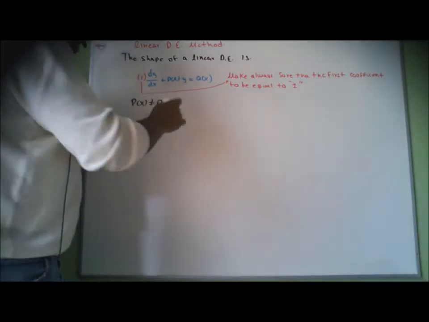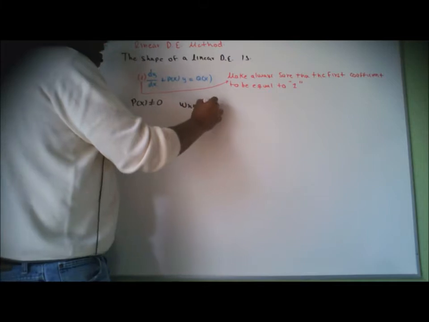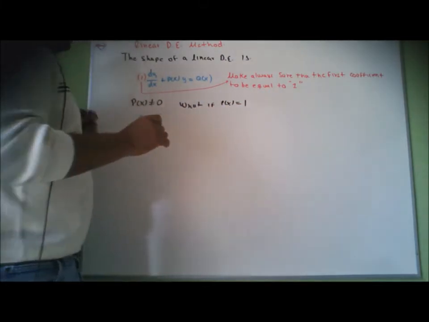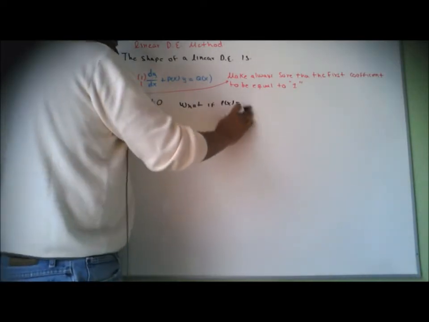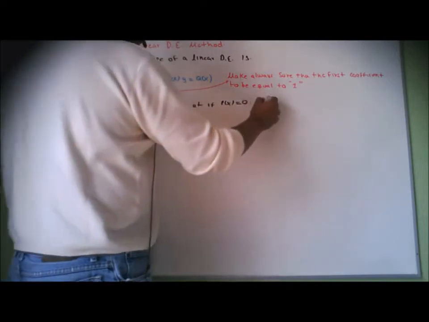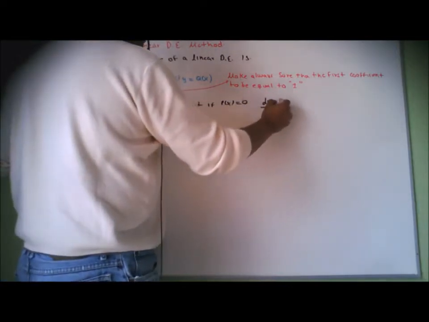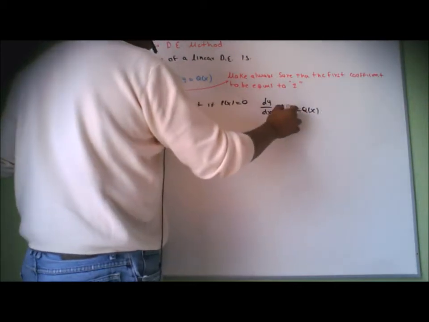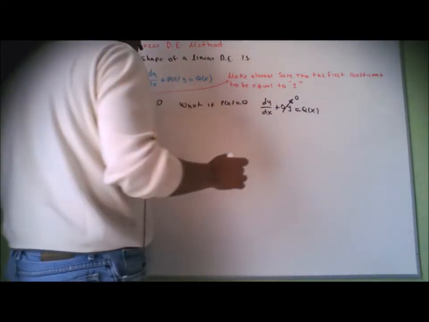Now, what if p of x is equal to 0? What happens is that the derivative of y with respect to x plus 0y equals q of x. So as you can see here, this is equal to 0.